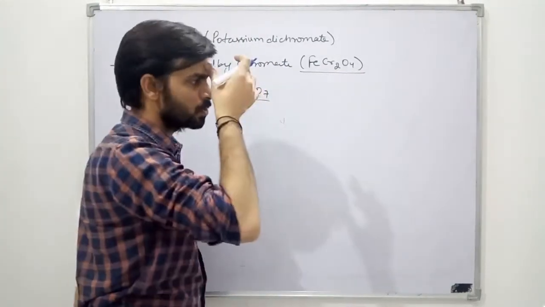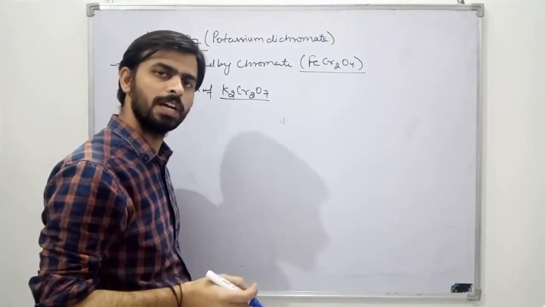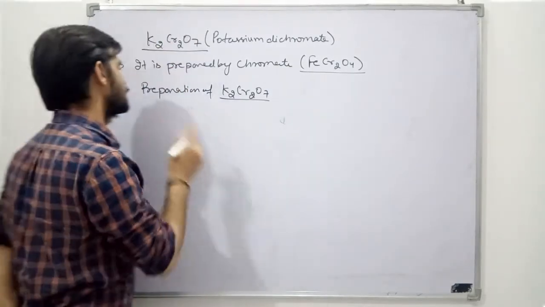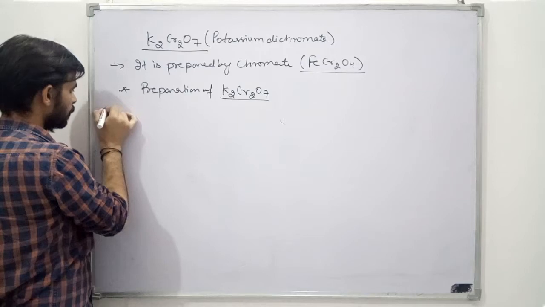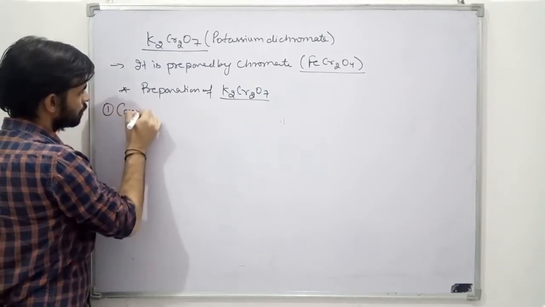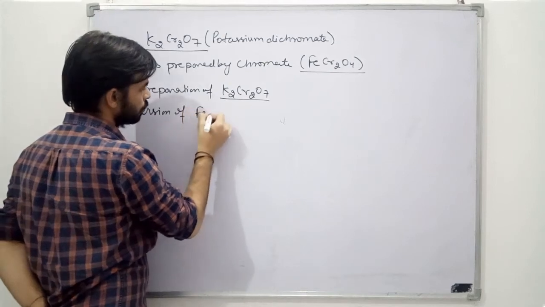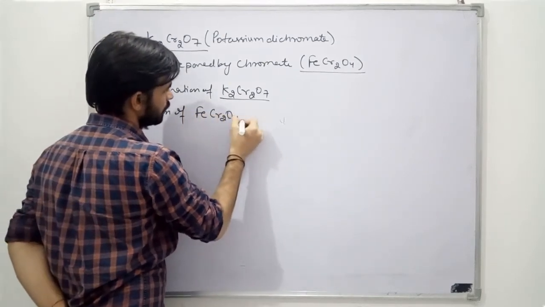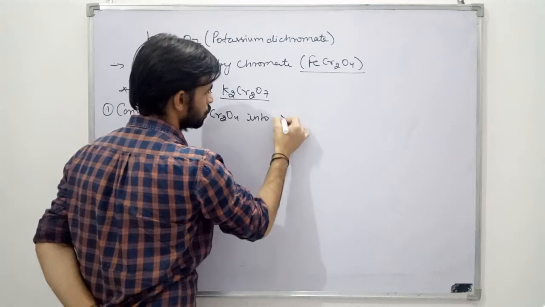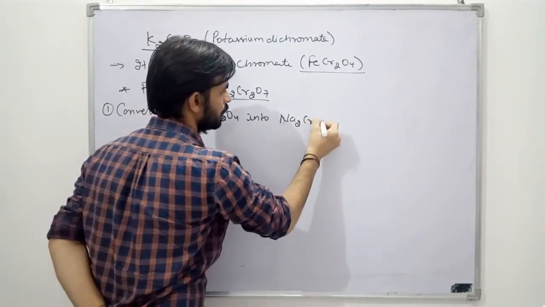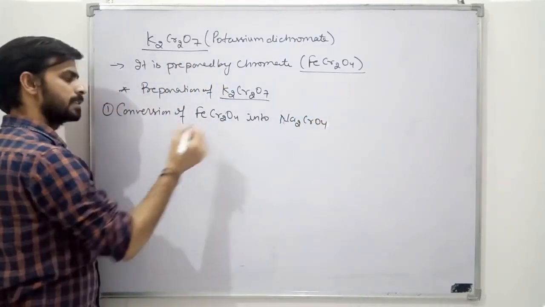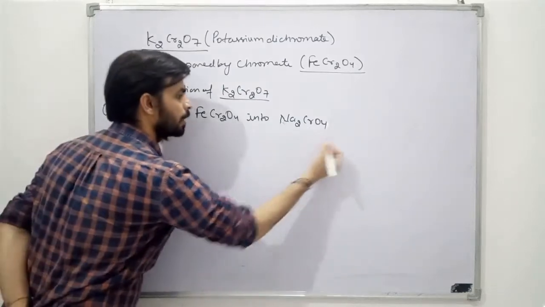Chromate ore into the sodium chromate with the help of sodium hydroxide or sodium carbonate. So, in the first step, conversion of chromate ore into sodium chromate. Let's write the chemical equation.